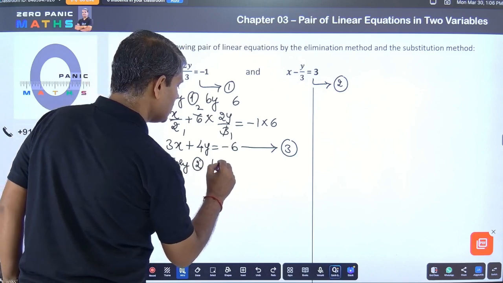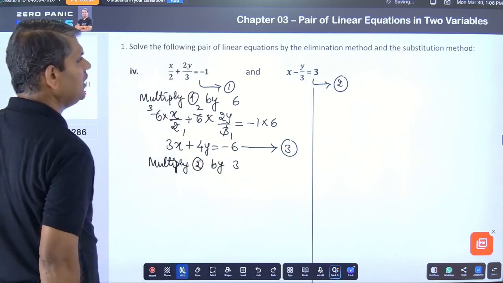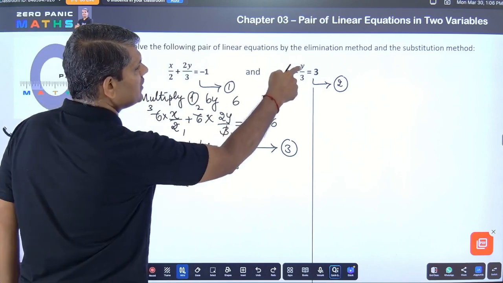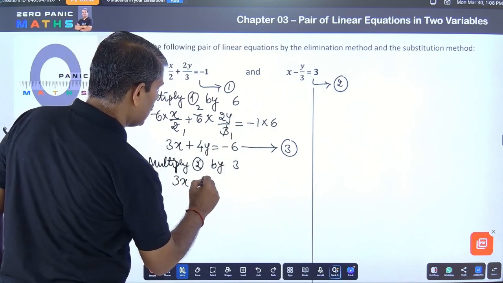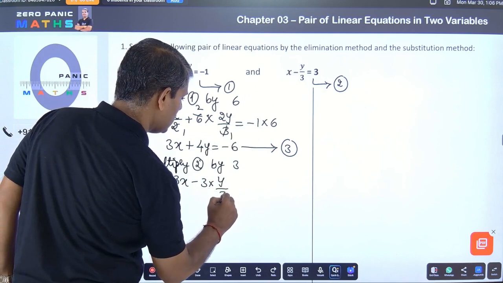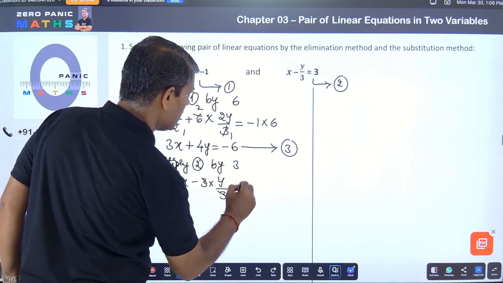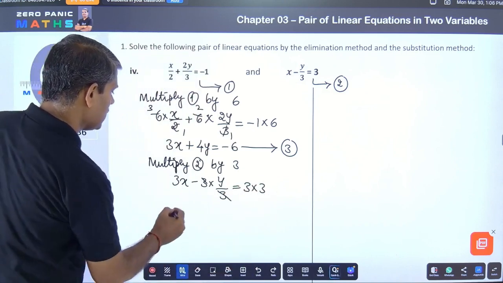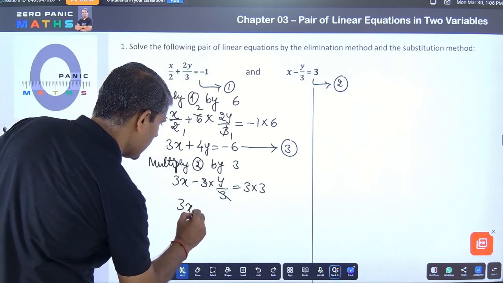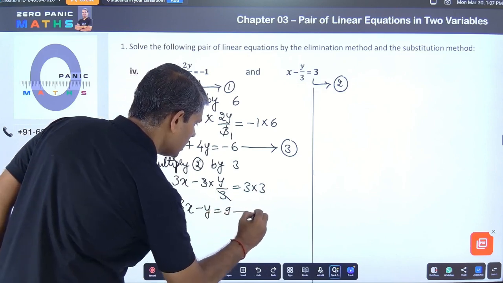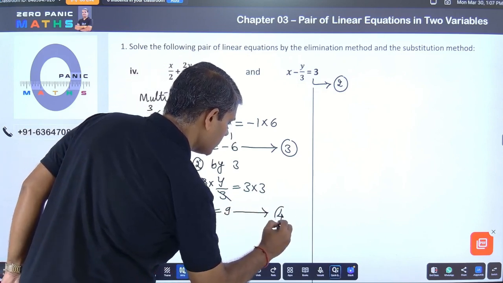Equation 2 by 3 will give me 3x minus; 3 will get cancelled, or I can write that step, not to create any confusion. 3 will get cancelled anyway, and this is 3 multiplied by 3. So that will give me 3x minus y is equal to 9. Equation 4. Right?